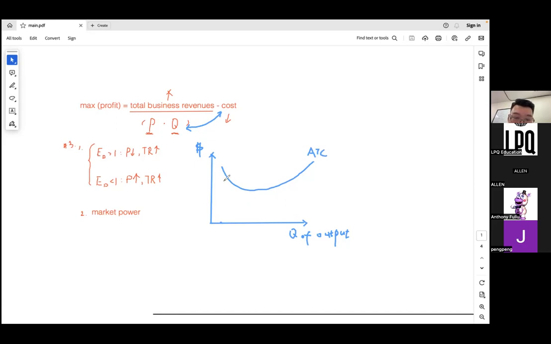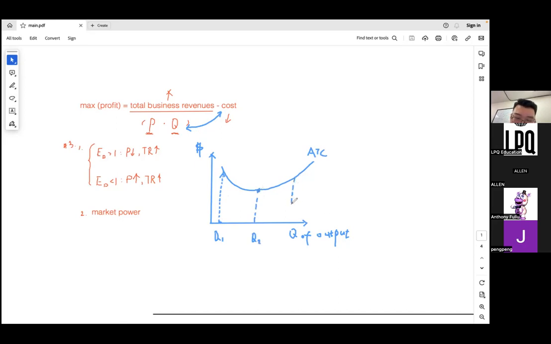Maybe I can give you three choices here. If you produce at Q number 1, your average total cost is here, right? If you produce at Q number 2, that means your ATC is here.